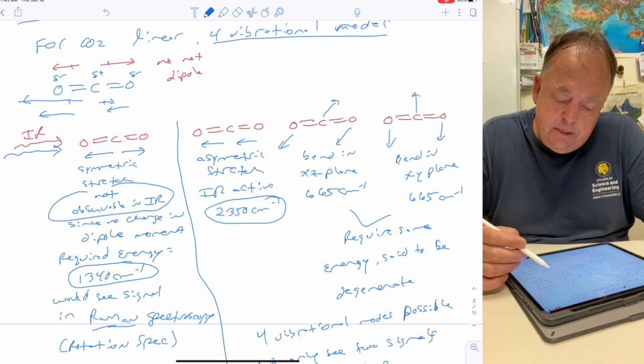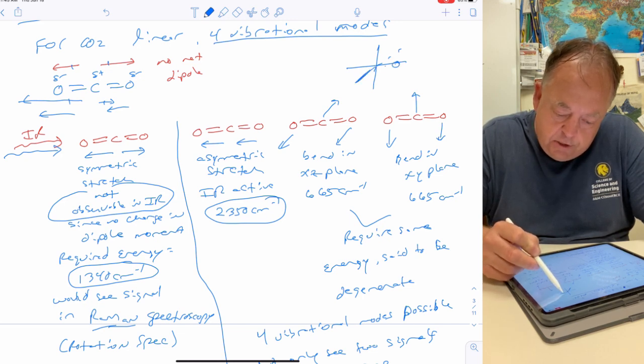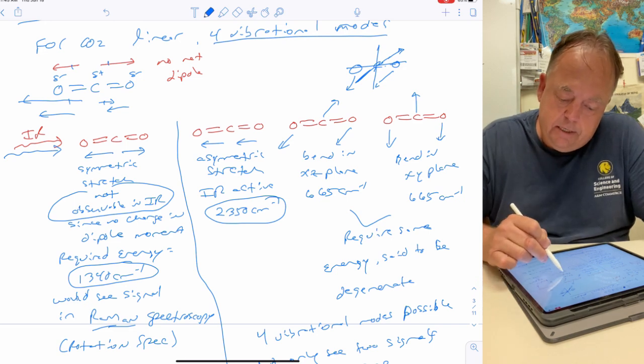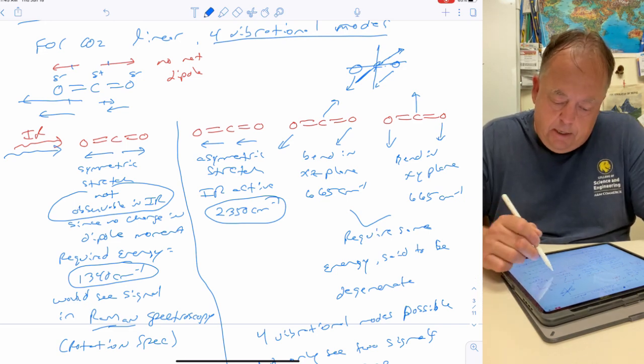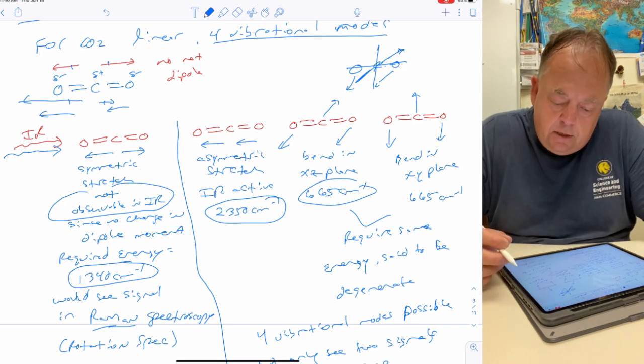And then you have 2 bending modes. If this was in the XZ plane, so your oxygen's here and carbon's here and oxygen is there, if you're moving carbon back this way and the 2 oxygens that way, then that would be bending in the XZ plane, and that requires 665 inverse centimeters IR radiation.